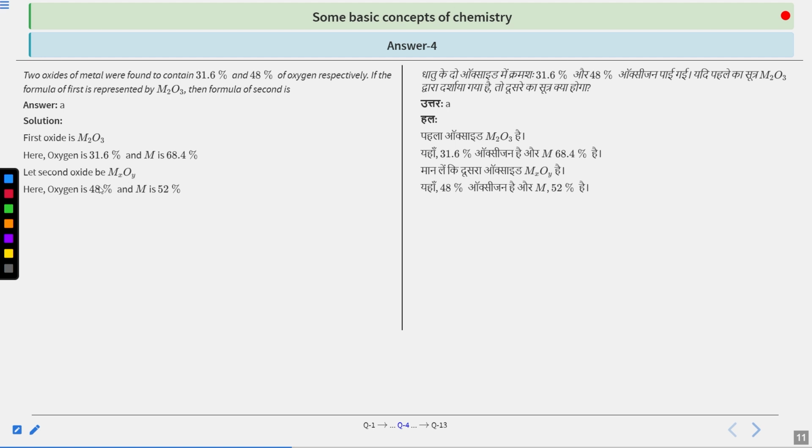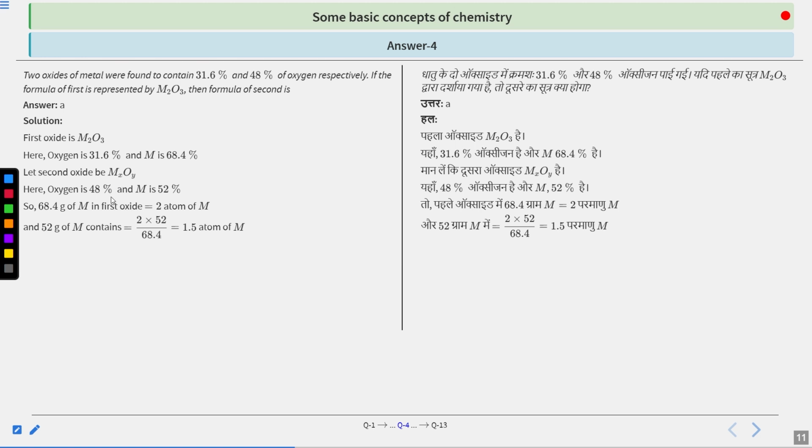Before that, we consider that the unknown metal oxide has the formula MxOy, where x is for metal and y is for oxygen. For the second oxide the oxygen percentage is 48%, so the metal is 52%. Very simple to calculate: if we know the oxygen percentage, we subtract it from 100 to get the metal percentage. The same goes for the initial oxide, M2O3.